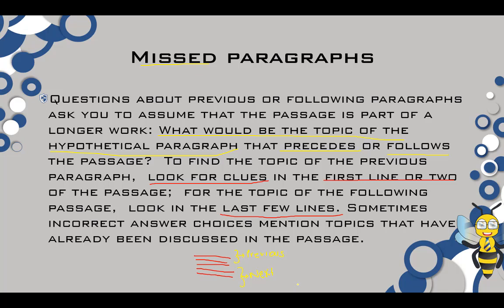So you have two possible questions. One could be what could be the previous paragraph of this reading, or what could be the following paragraph of this reading. So to have an idea, you should look for clues on the first two lines or the last two lines according to the question.